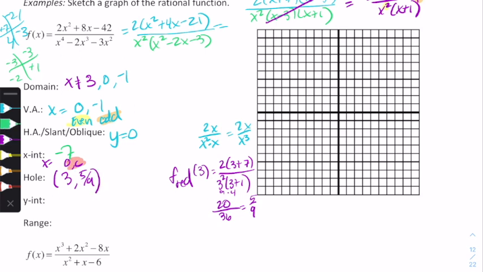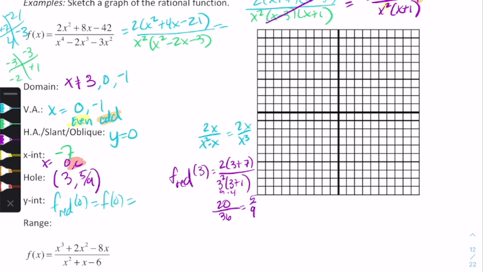My y-intercept, you have to get your y value of your hole from the reduced equation. The x value has to come from the original, the one that has the common factor. So you have part of each one here. The y-intercept will be the same regardless of if you do it from the reduced or from the original. Okay, so if we look at the reduced, if I plug in 0 here, you can do f reduced of 0 or you can do f of 0, both will give you the same thing.